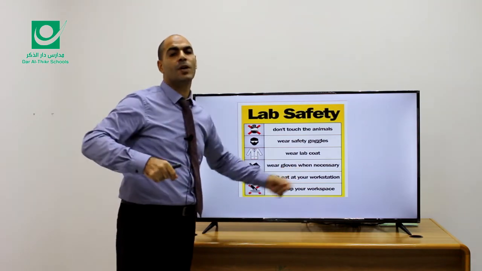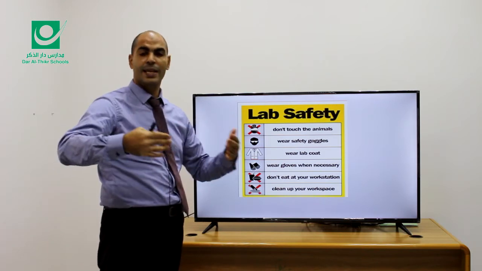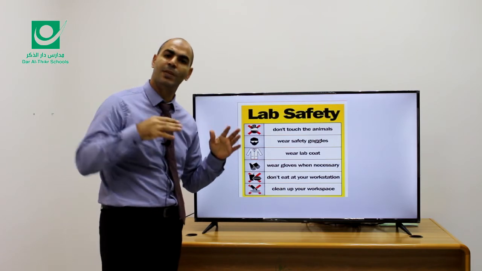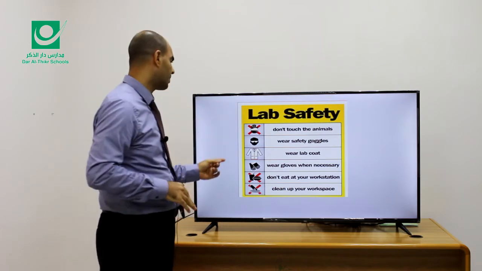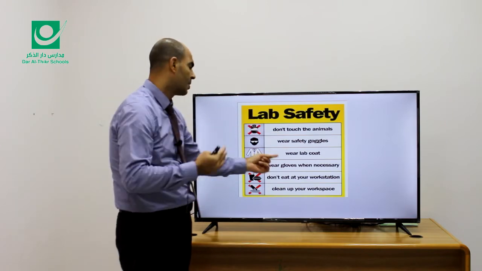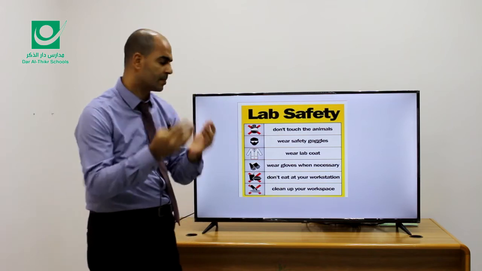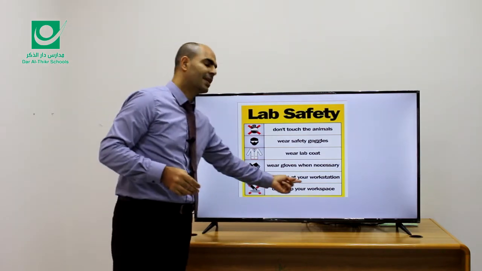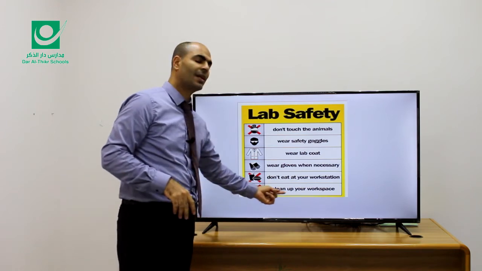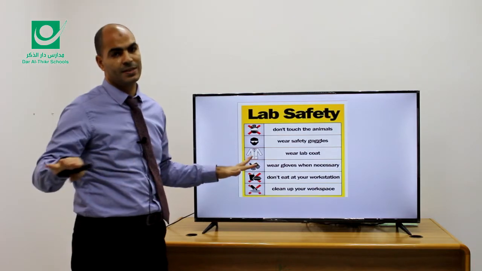Wear a lab coat. We need a lab coat to protect us from any liquids, from any colors, from any material that might be poisonous. We need to wear gloves when necessary to protect our hands. Don't eat at your workstation. Finally, clean up your workstation or your workspace.